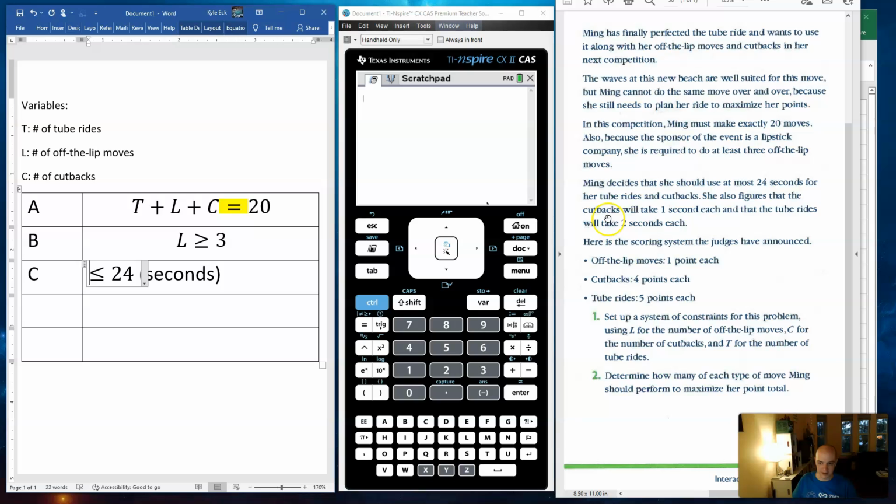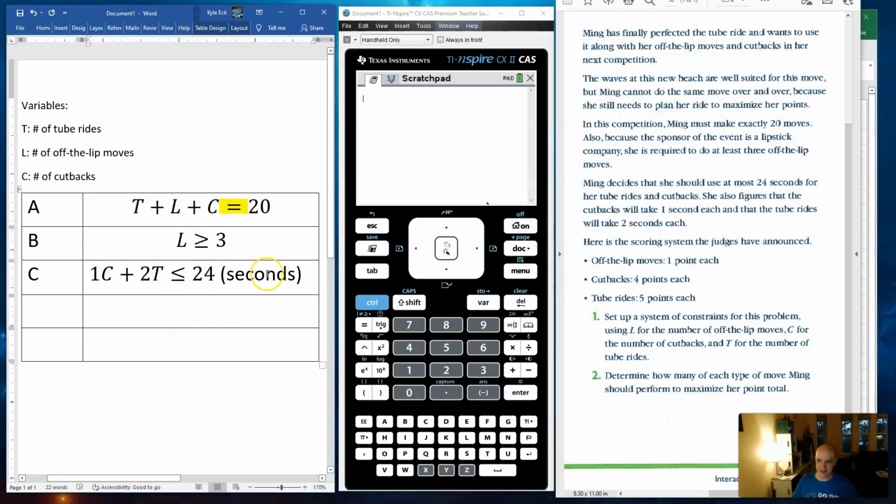She also figures that the cutbacks will take 1 second each, and the 2 brides will take 2 seconds each. So if the cutbacks take 1 second each, then for every cutback she does, she's going to do 1 second. So 1C, or just C, is a good term for cutbacks, plus 2T for the number of 2 brides.